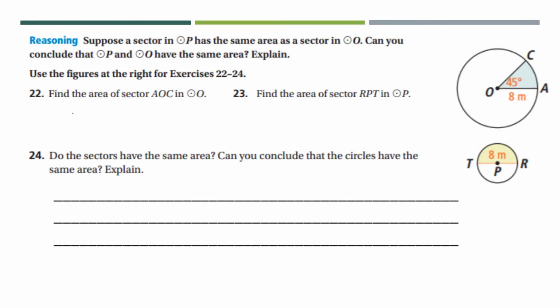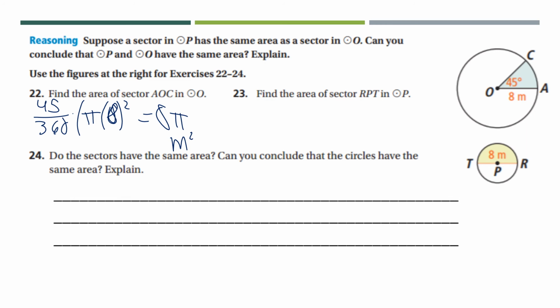Okay, so the area of the sector for AOC, I would have 45 over 360 times pi r squared, and that's an 8. When you plug that in your calculator, you end up getting 8 pi meters squared.